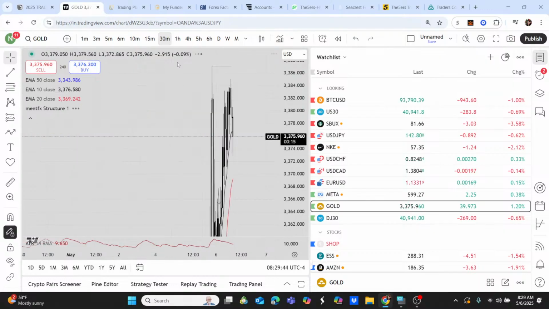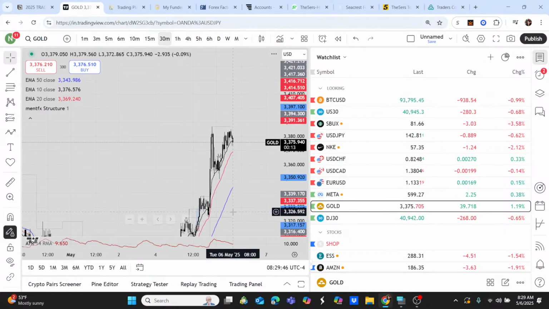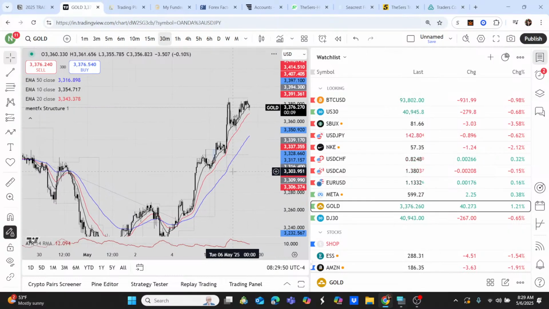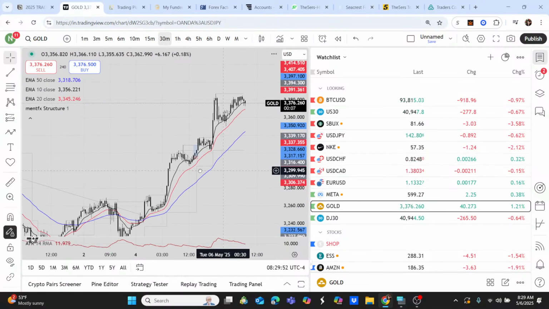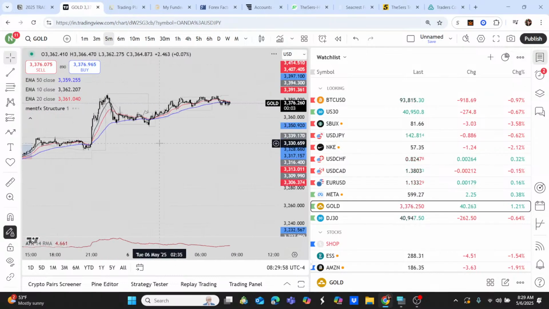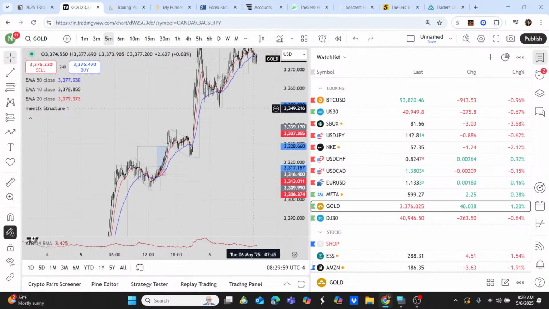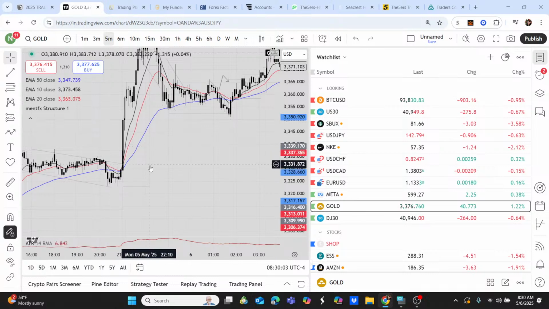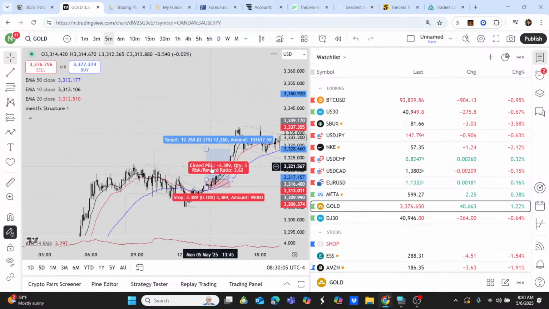So let me see. Yeah, gold was looking good last night. I was looking at gold last night and I was like, damn, it looks so clean. But let me just show y'all. There was nothing right here, but it was a clean opportunity right here that I wasn't on the charts for.